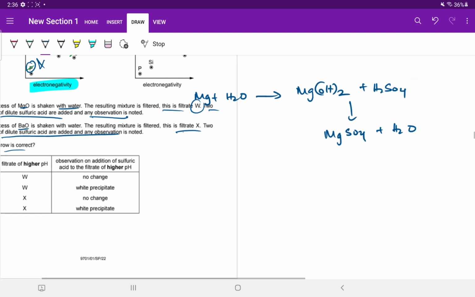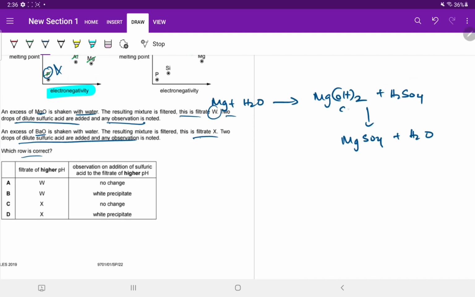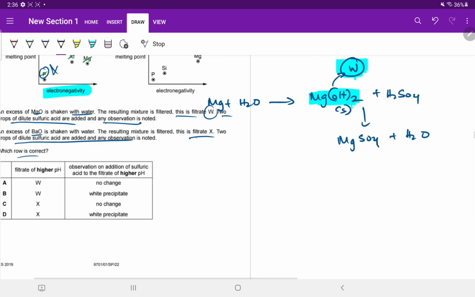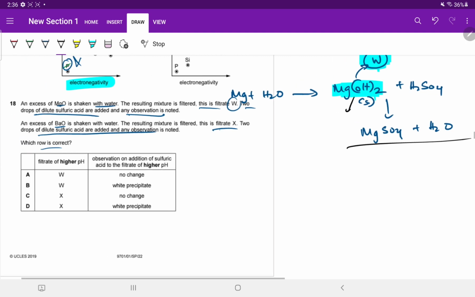This is filtrate W. Okay, so this, as we know, is solid, a white precipitate. So this will be our W. Magnesium hydroxide is W, so let's highlight it. So this is filtered, and we are going to add sulfuric acid to magnesium hydroxide, which will produce magnesium sulfate and water.